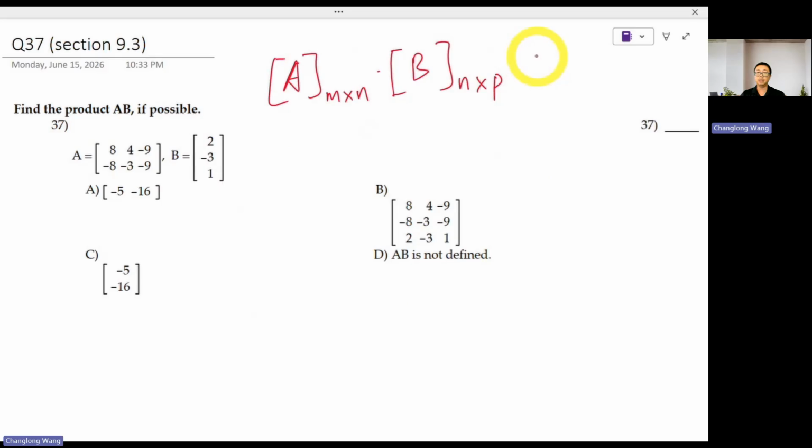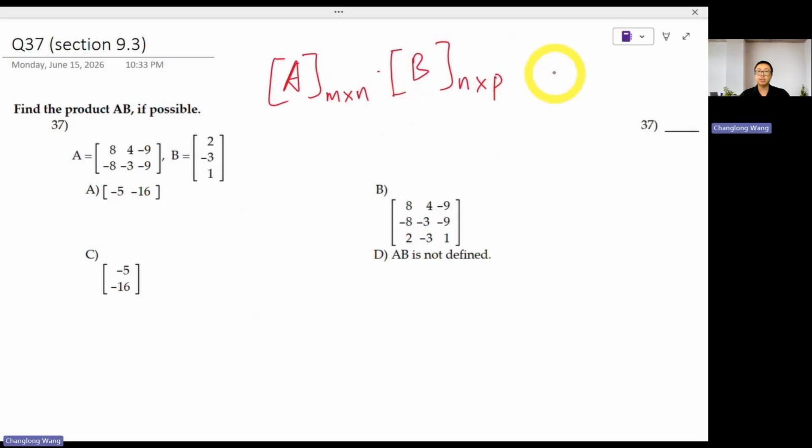All right, so this is fine. Just so you know, the inner indices, the number of columns of the first matrix on the left and the number of rows of the second matrix on the right, have to match.